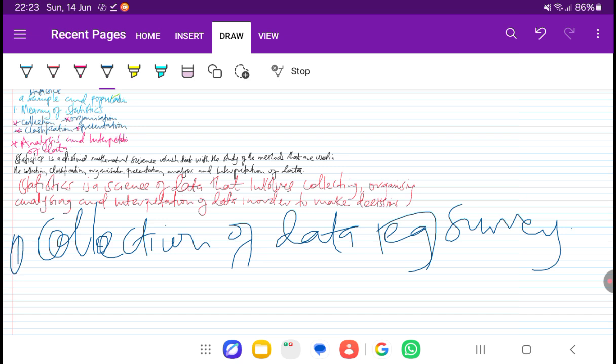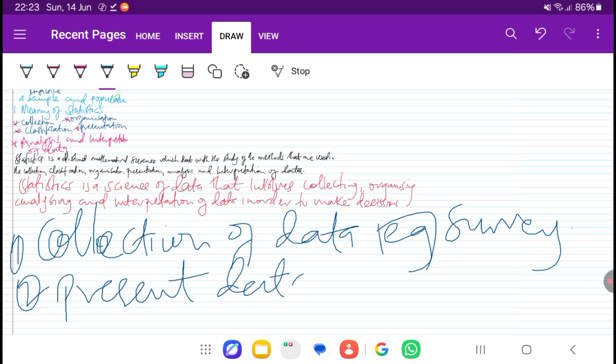That would be the first step. Then the second step, of course, you present the data. This can be presented in forms of charts, graphs, or tables.